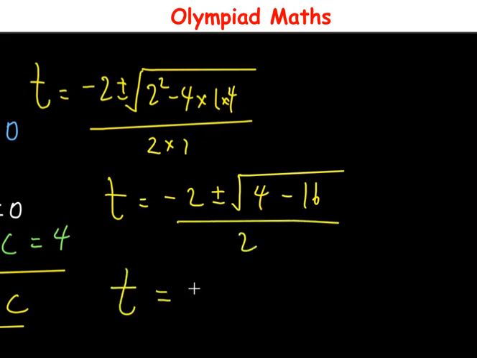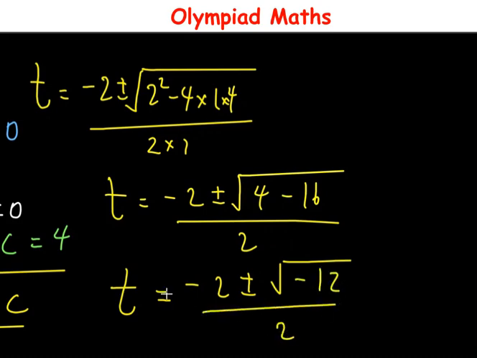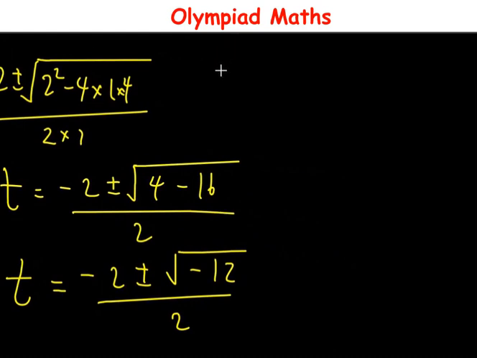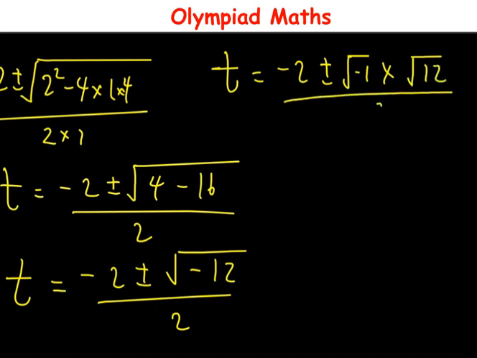So t is then equal to minus 2 plus or minus square root of 4 minus 16, which is minus 12, all over 2. Simplifying this further, the value of t is equal to minus 2 plus or minus, you can express root minus 12 as root minus 1 times root 12, all over 2.